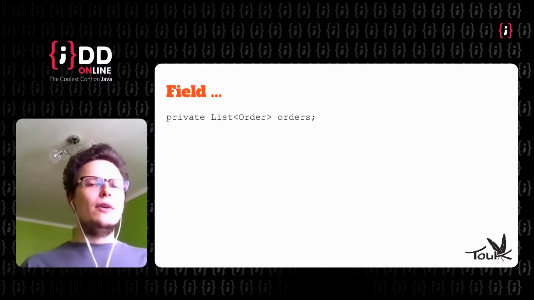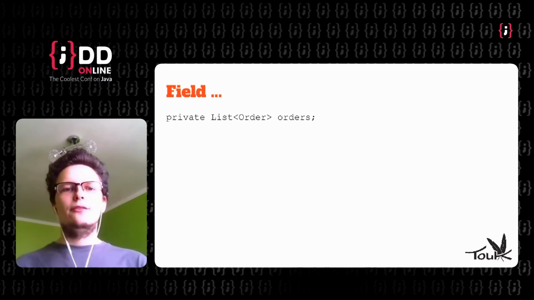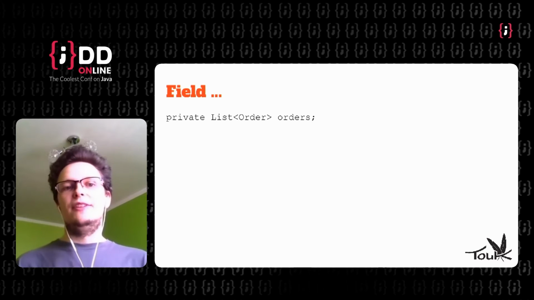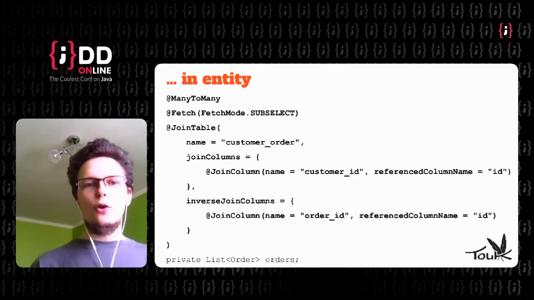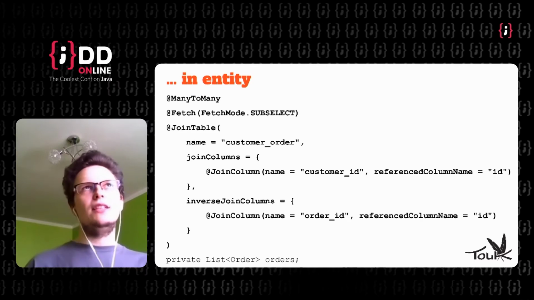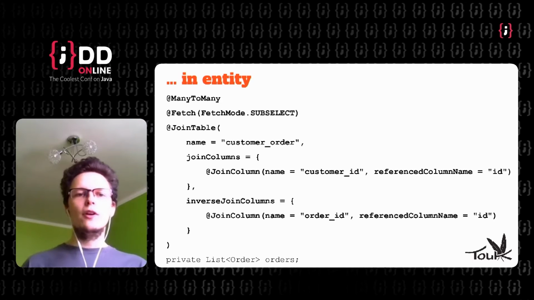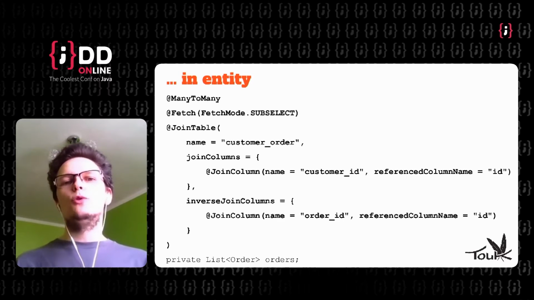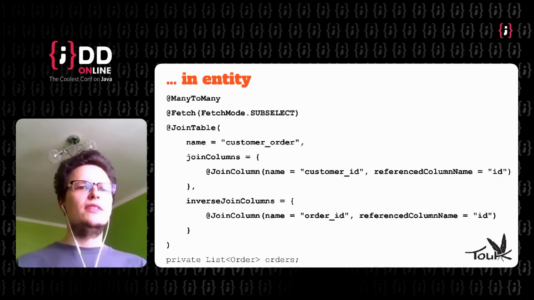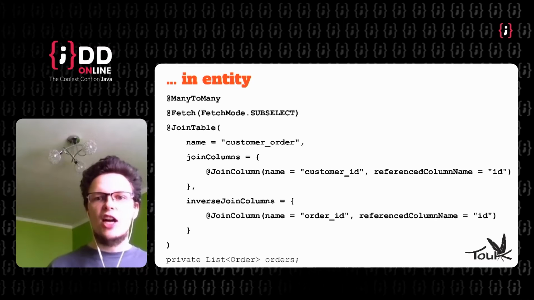Another example: let's imagine we have some kind of entity with a field, for example a list of orders. Of course, it's an entity, so we add annotations connected with Hibernate or some JPA framework, which tell the framework how to connect with the database, which column to take, and how to join entities with each other.